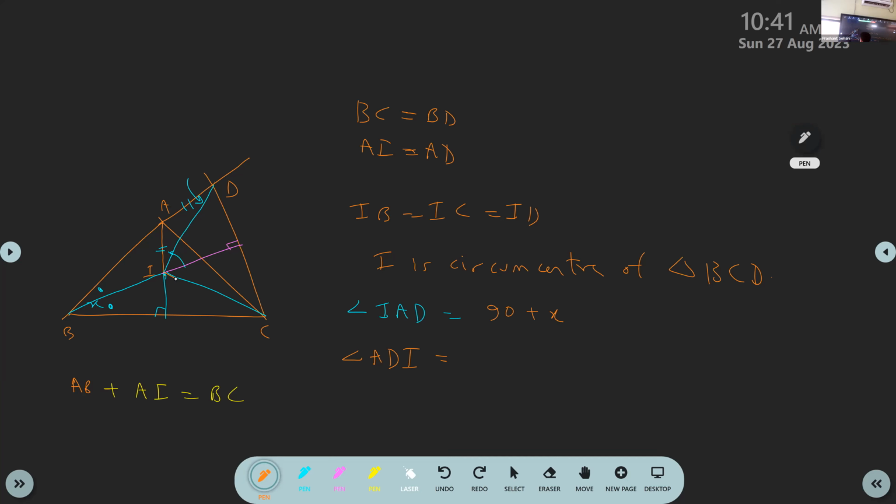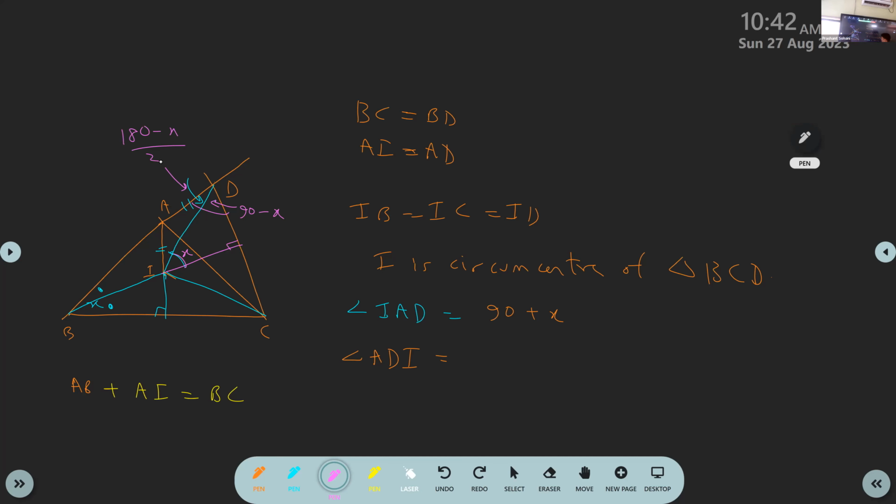We can compute it this way, because this angle x is there originally. So this angle will also be x because it is half of the central angle. And so this angle is 90 minus x, and then this whole angle is 180 minus x by 2.